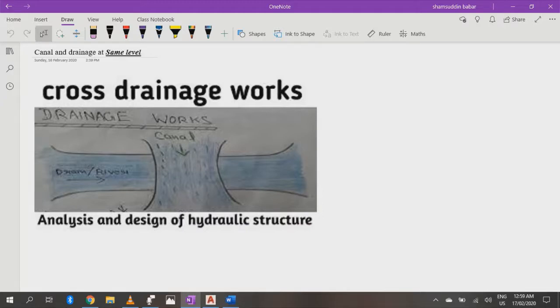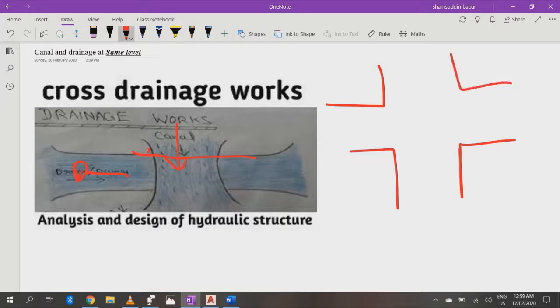In this level crossing we actually mix the drain water and the canal water. We can show you like this, just like a cross section.